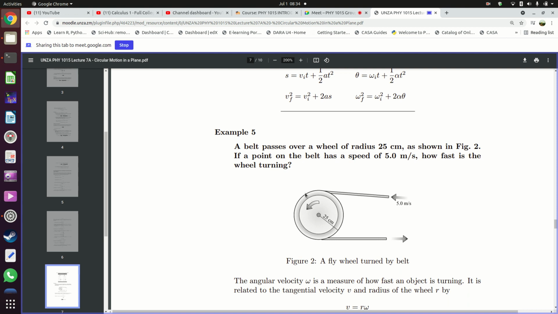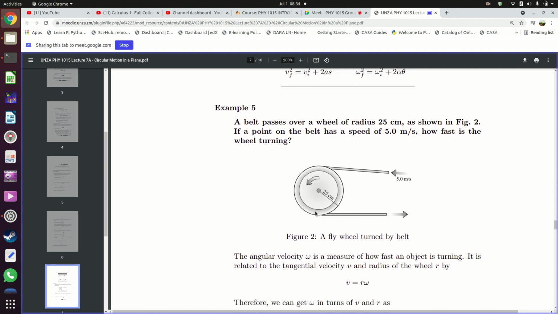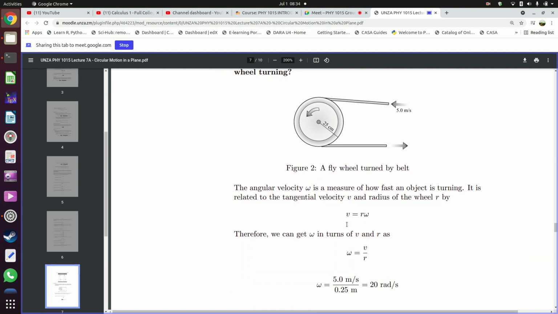If a point on this particular surface, on top of this wheel, has a speed of 5 meters per second, that is V, V is 5 meters per second, and the radius is 25 centimeters, then we can find out how fast this wheel is turning. And how do we do that? Here's a relationship.